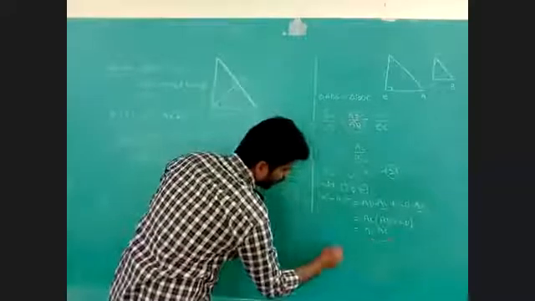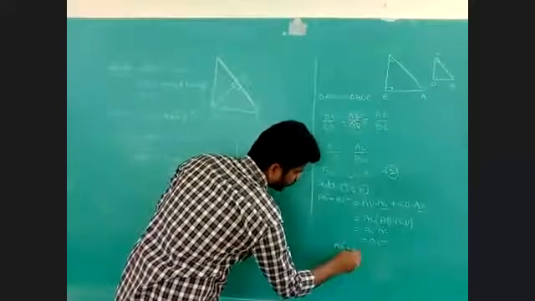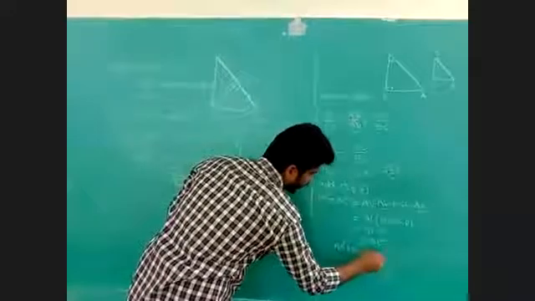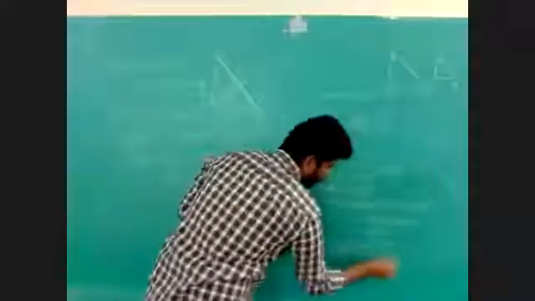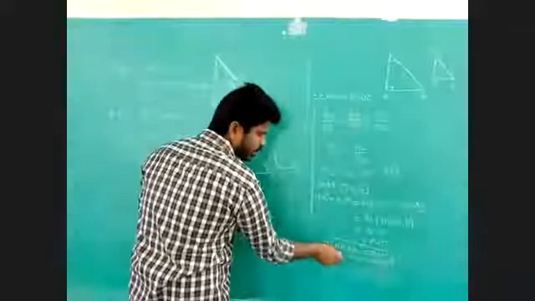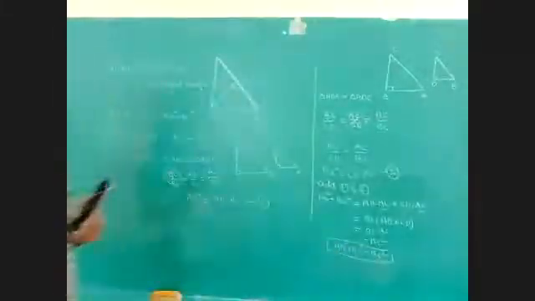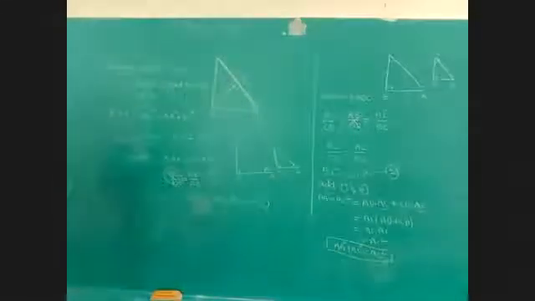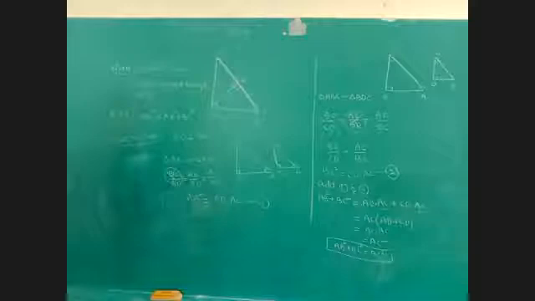Therefore, AB square plus BC square equal to AC square, which is hypotenuse square equal to opposite square plus adjacent square. This is the proof of Pythagoras theorem. Is it clear? Yes, sir.